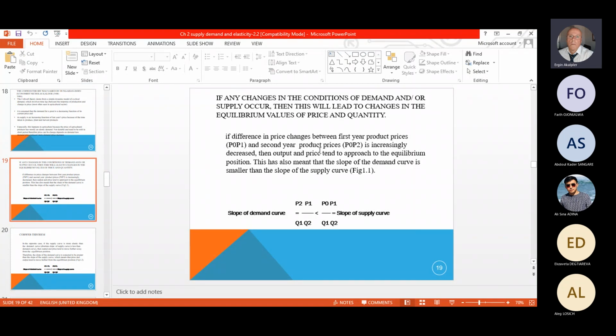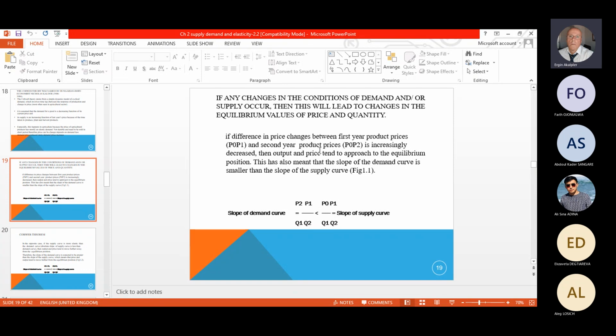If any changes in the conditions of demand and or supply occur, then this will lead to changes in the equilibrium values of price and quantity. If the difference in price changes between the first year product prices, which is P0, P1, you will see in the following slides the position of the graph, and the second year product prices P0, P2 is increasingly decreased, then output and price tend to approach the equilibrium position.